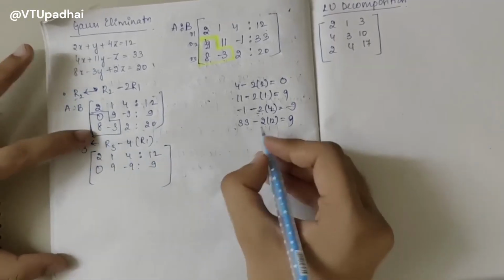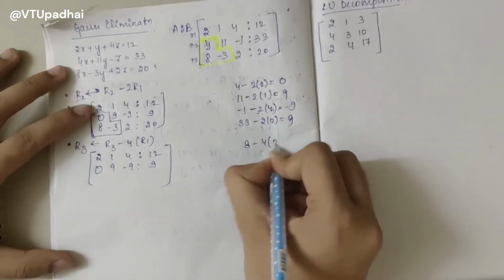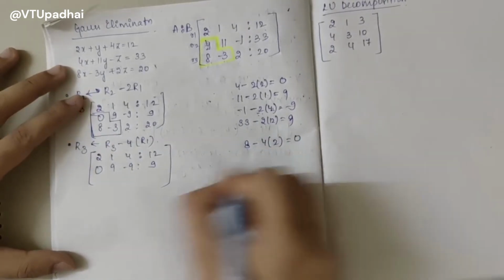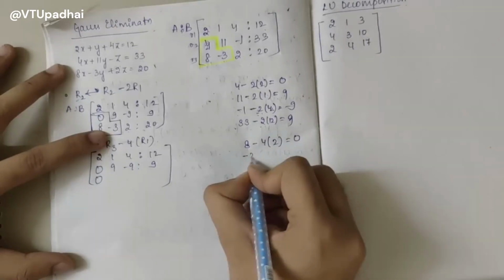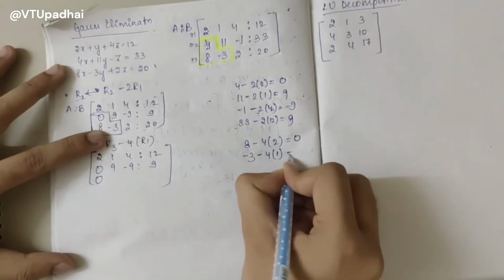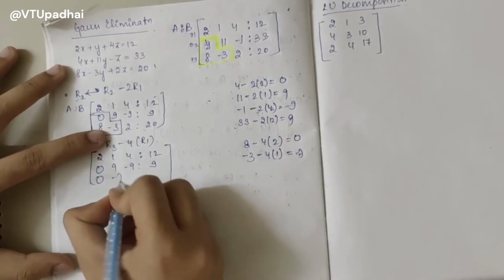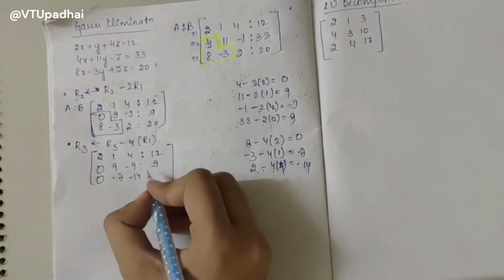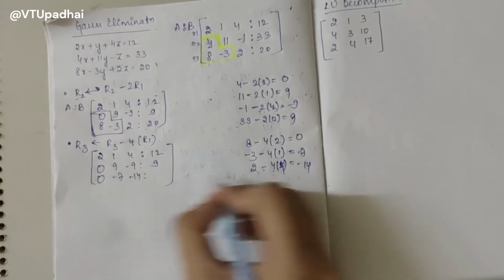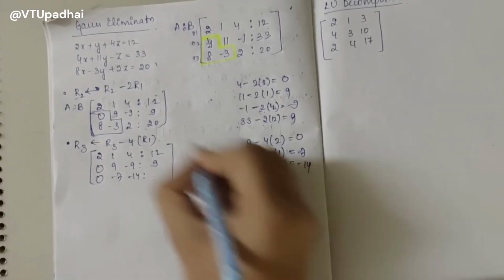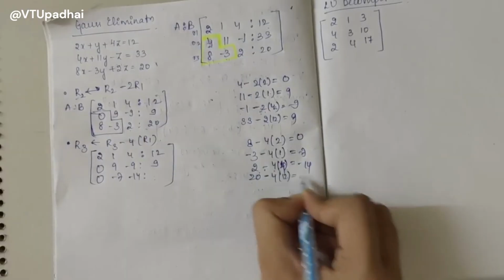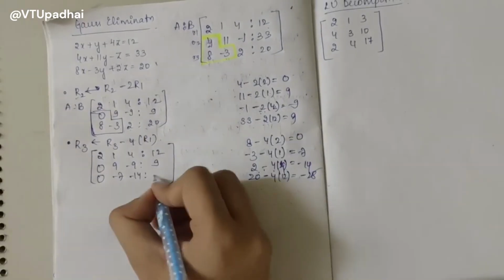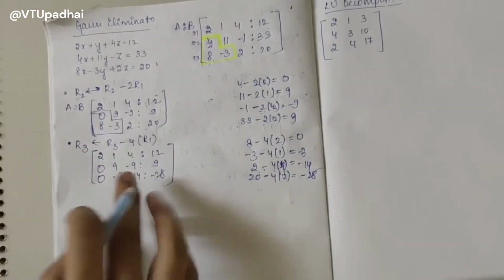Here it would be 8 minus 4 times 2, that is 0, so I'll write 0 here. Here minus 3 minus 4 times 1, I would get minus 7. Then I get minus 14 here. And then on this side, I have 20 minus 4 into 12, I get minus 28 here.